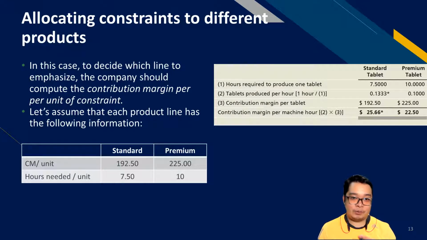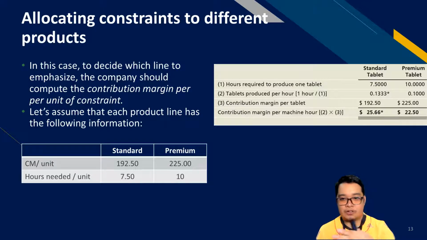Okay? And since we have the contribution margin there at 192.5 and 225, multiplying columns 2 and 3 so that we can get the contribution margin per machine hour, we see that the standard tablets have 25.66 dollars of contribution margin per hour versus $22.5 per machine hour for premium.